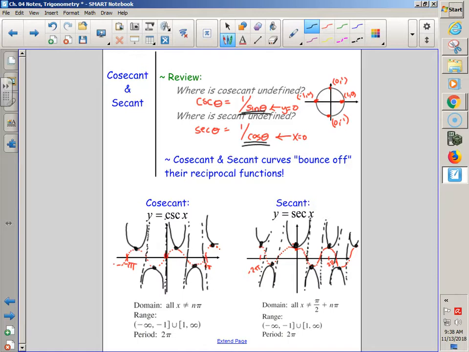Get their curve, make it dotted, not solid. Every time there's a 0, an intercept with the sinusoidal axis, make vertical asymptotes, then say me too on all the maxes and mins, and then bounce, bounce, bounce, and bounce. Done.